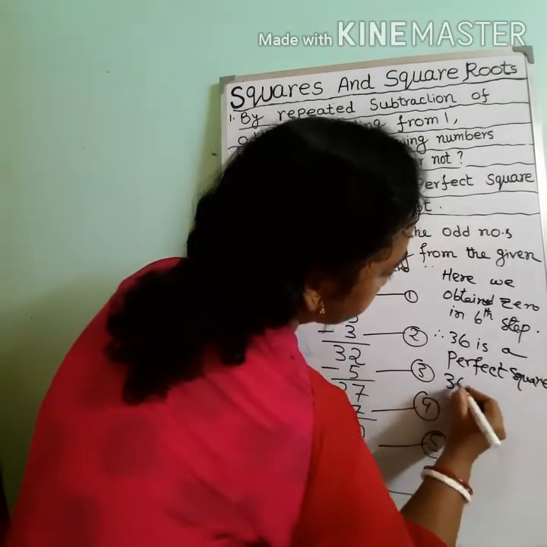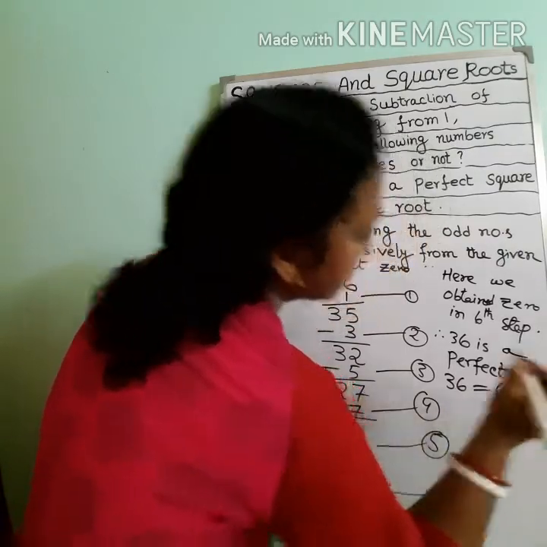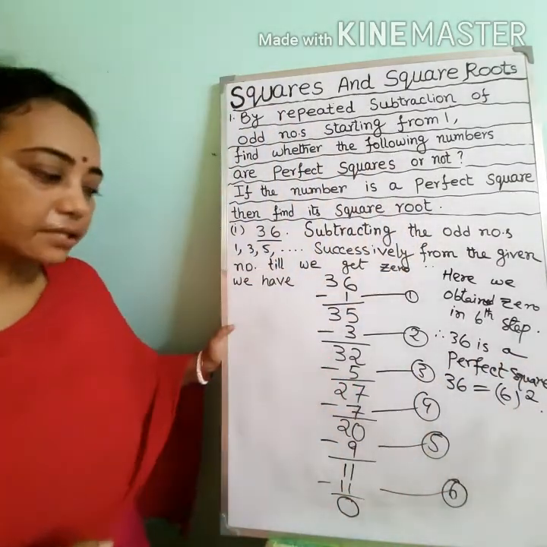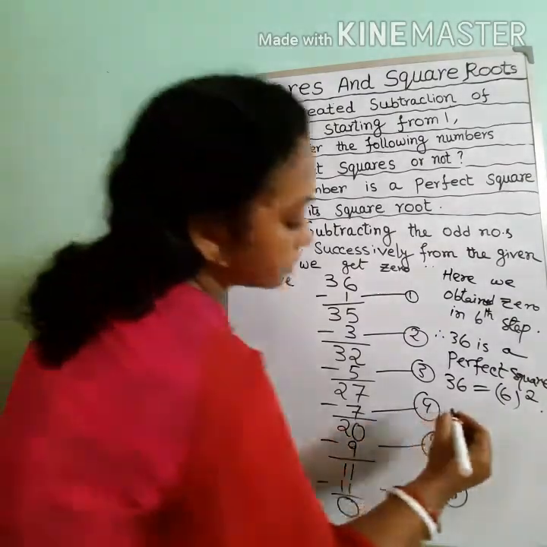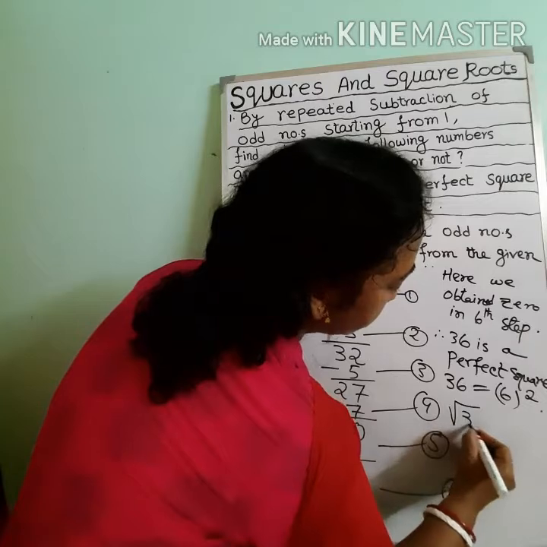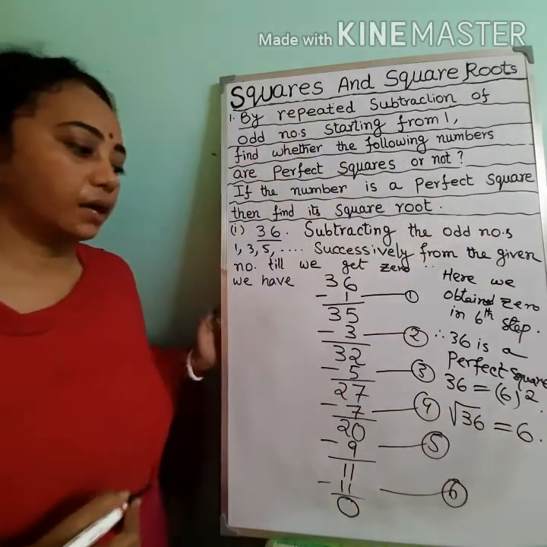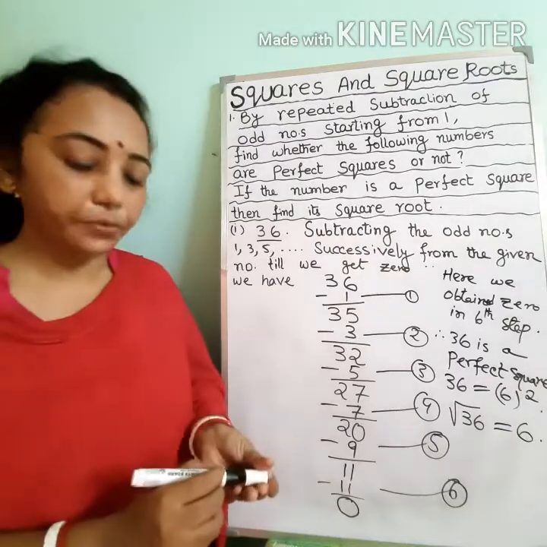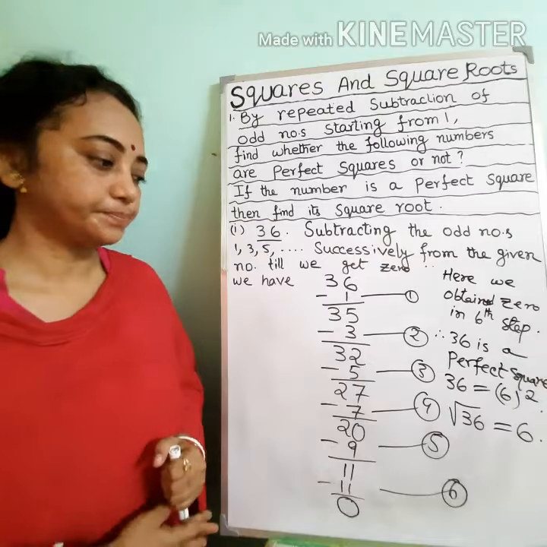We can write 36 as 6 square because we got 0 in the 6th step, or after doing the subtractions 6 times. So the square root of 36 will be what? The square root of 36 is 6. In this way we can easily find the square root of a number by using the repeated subtractions method.